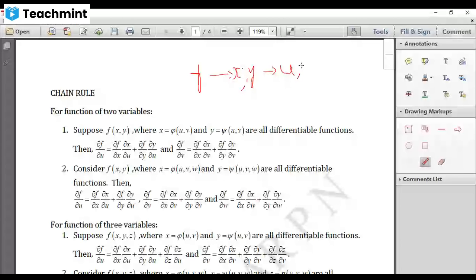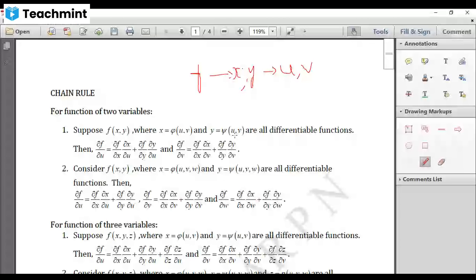And as I said, the rate of change of f depends on the rate of change of u and v. Since there are two variables, I cannot totally differentiate this, right? Because the rate of change of u also makes changes in x and y, because your x and y both contain u and v.